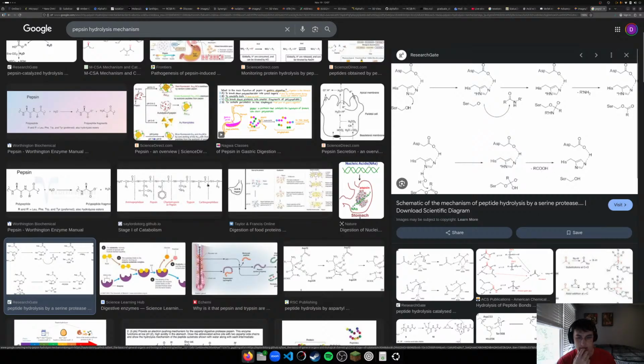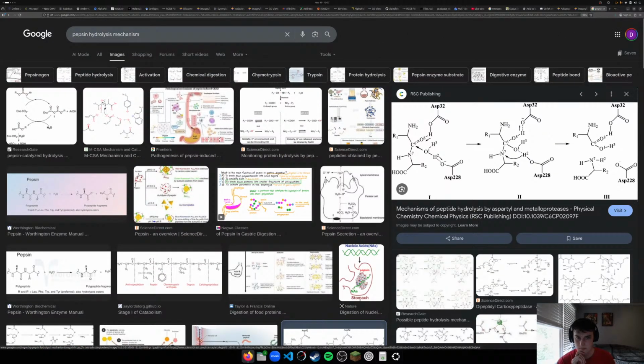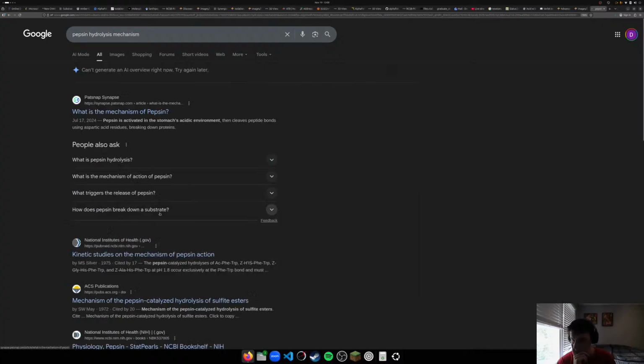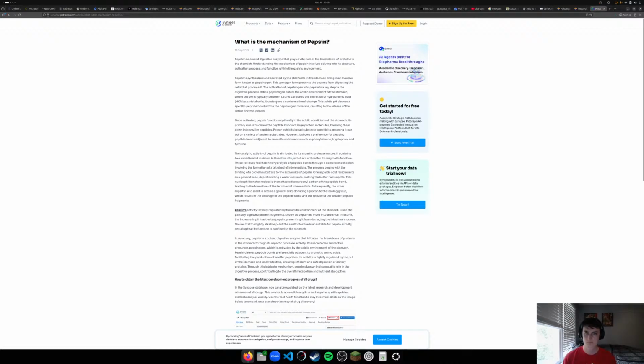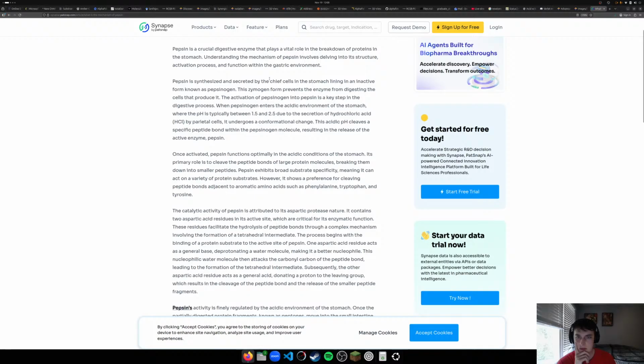Okay. Pepsin is synthesized and secreted by chief cells in the stomach lining. There's an inactive form known as pepsinogen.